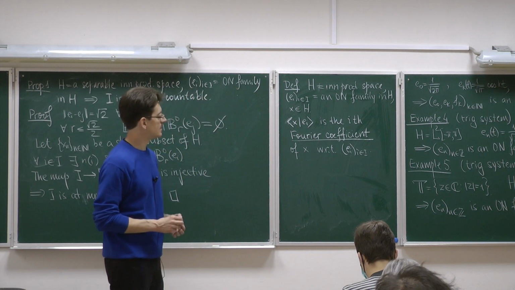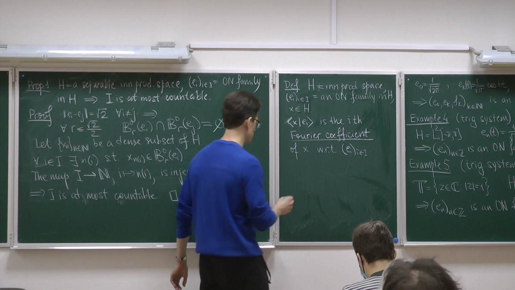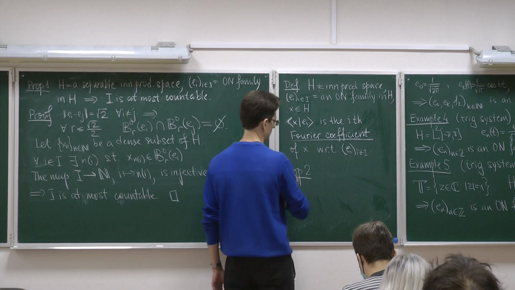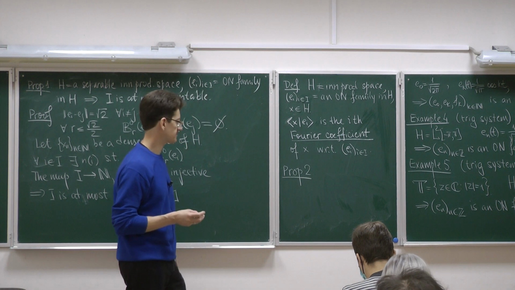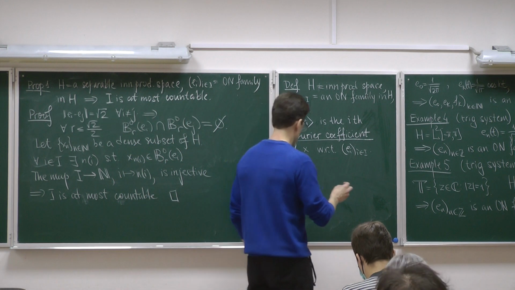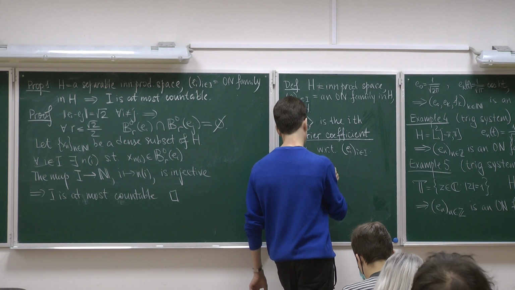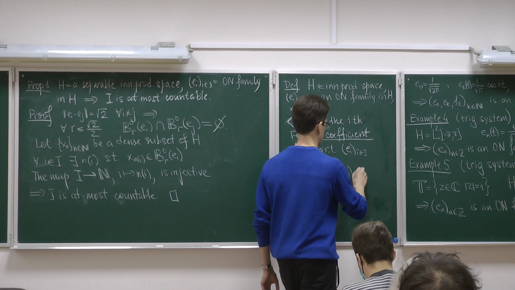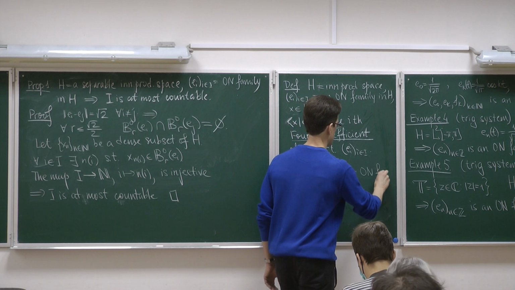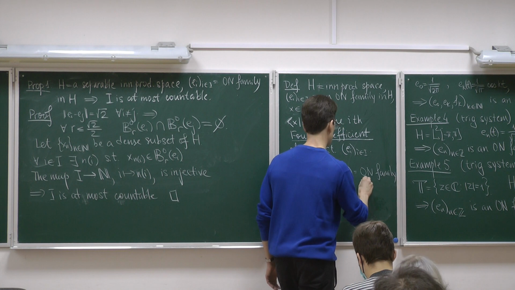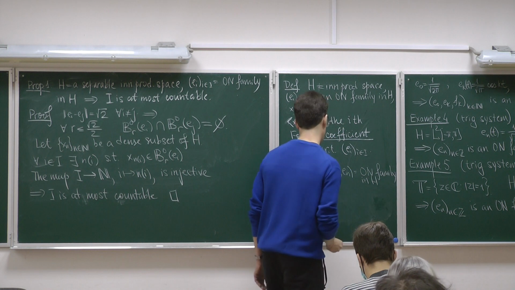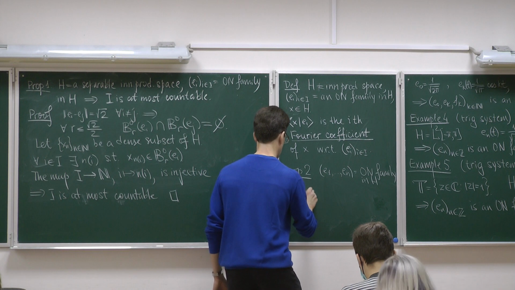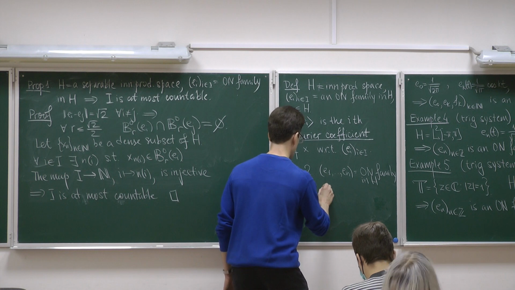Our next result gives probably the most important geometric property of Fourier coefficients. This is our proposition 2. Suppose that we have a finite orthonormal family e_1 to e_n in H. Let H_0 denote the finite dimensional space spanned by e_1 to e_n.